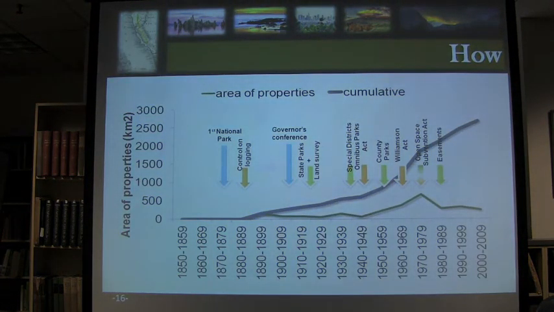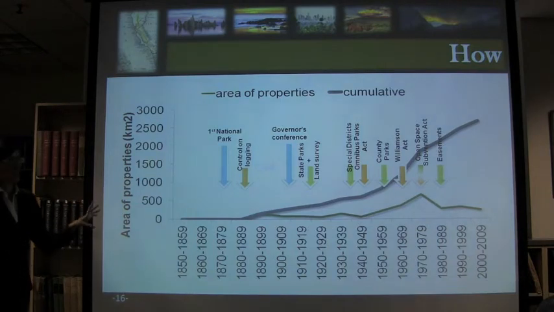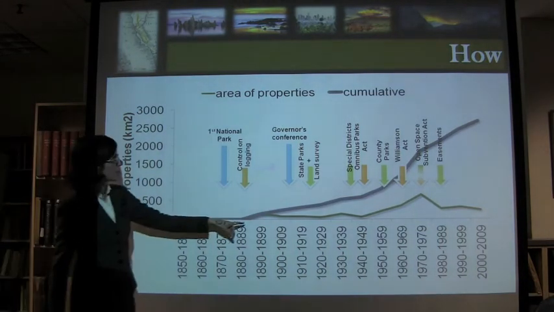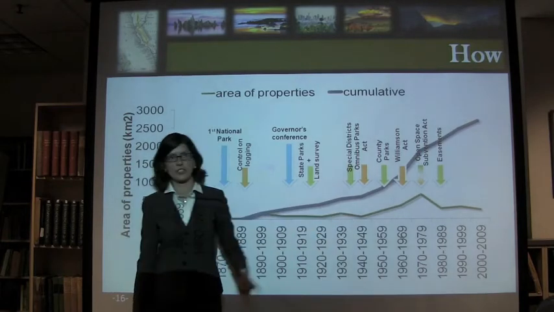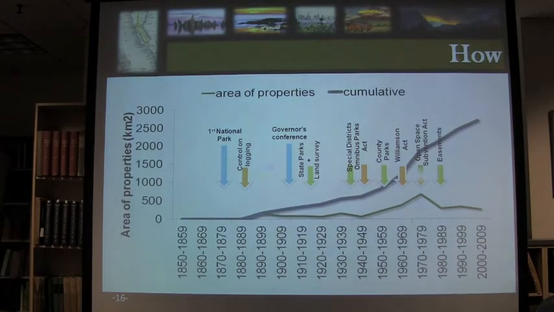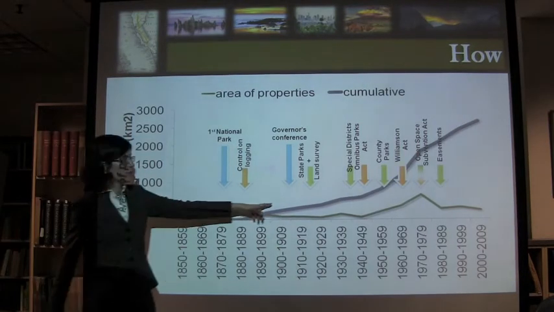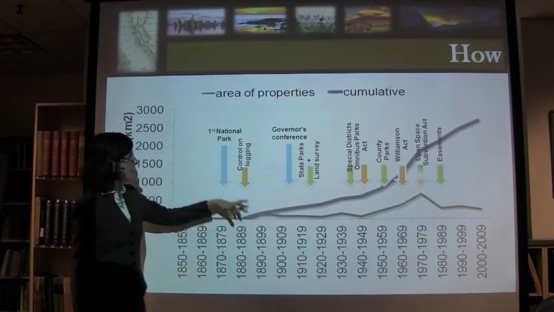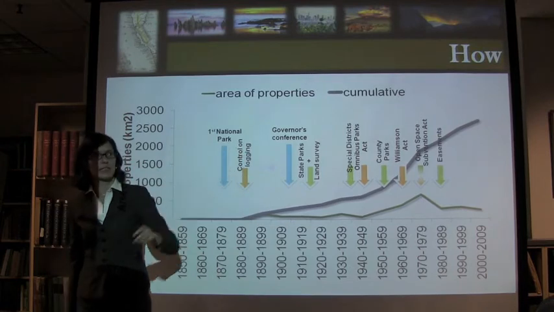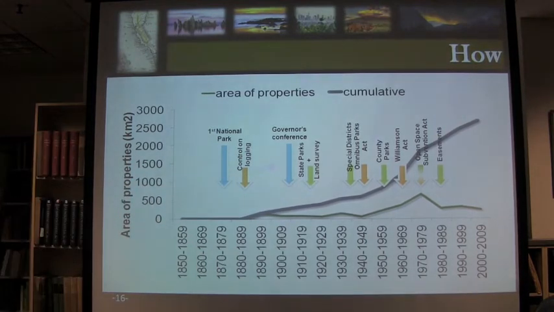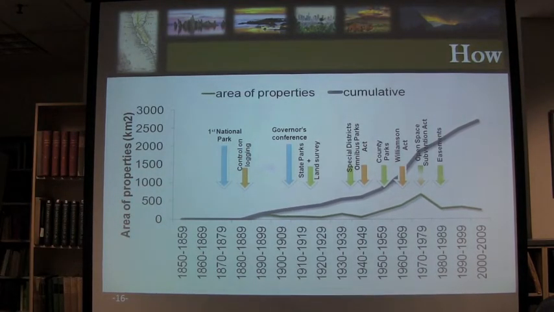So just very much in summary, this is for the Bay Area itself. You'll see two graphs. The bottom graph is the area that was put into open space at that one decade. And the gray line is the cumulative until that decade. And here are some events that can be linked with land acquisition or explain land acquisition at that decade.